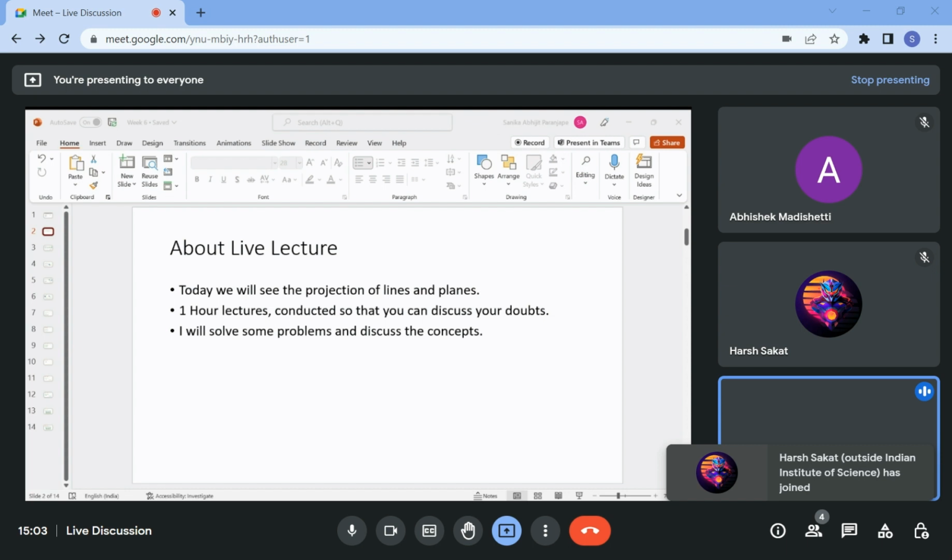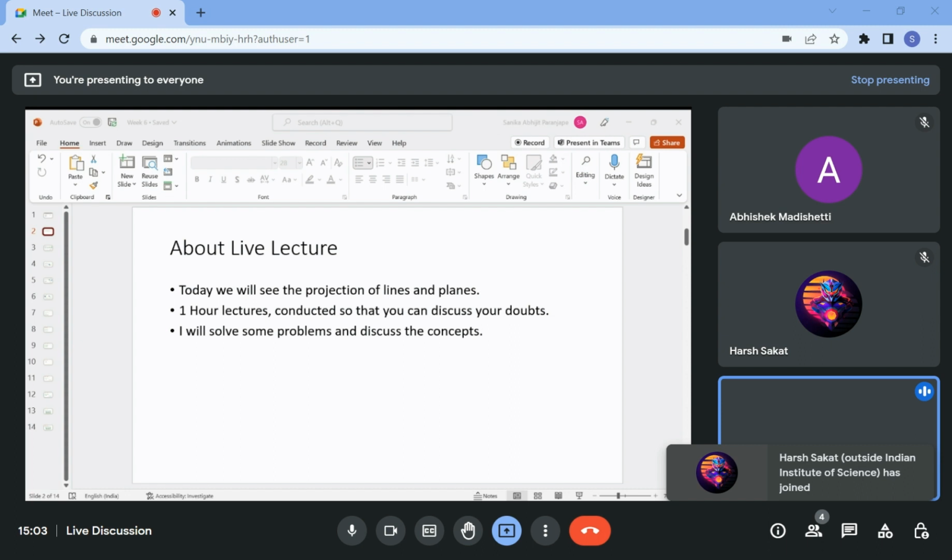So this line is now the locus of all points B, of lines such that they make a constant angle 30 degrees with respect to the horizontal plane. And similarly here, if I have a line that has a constant angle with respect to the vertical plane, then it will trace all points B such that the line AB makes an angle of 45 degrees with the vertical plane.